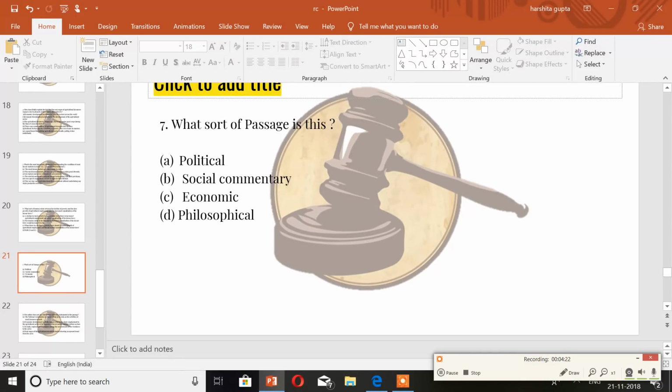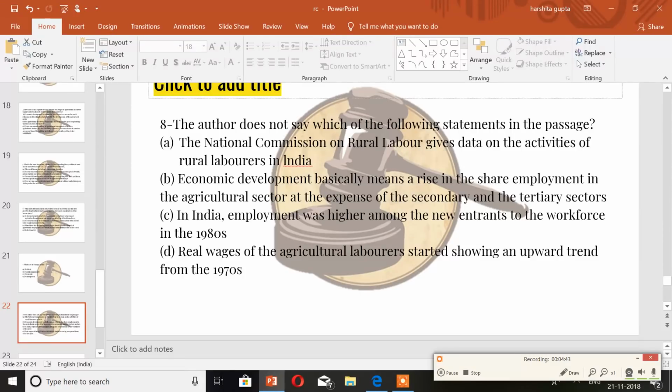This is a very easy question. It all talks about economics, so option C is the right answer. It doesn't really touch on social commentary, it just produces statistics and reasons, and doesn't comment on the situation. The author does not say which of the following statements in the passage.